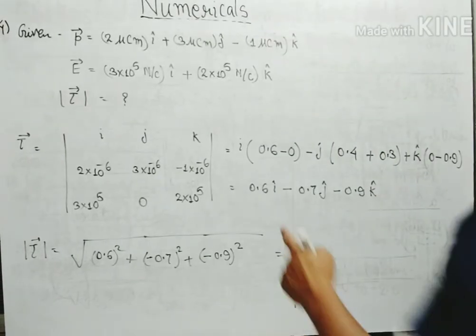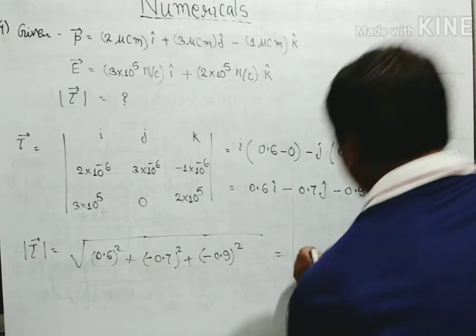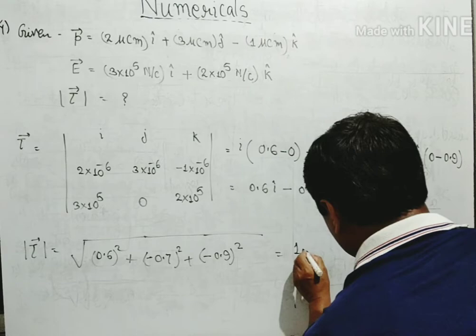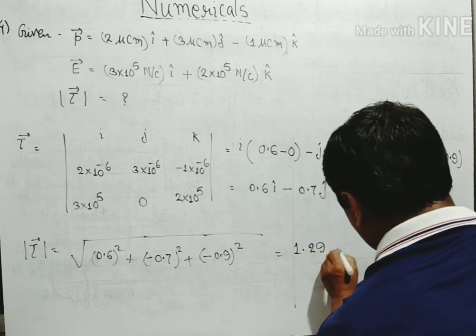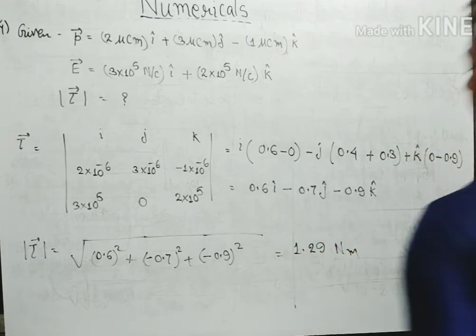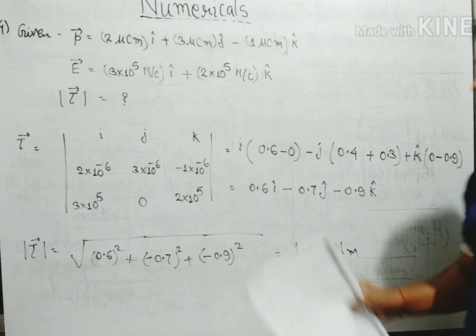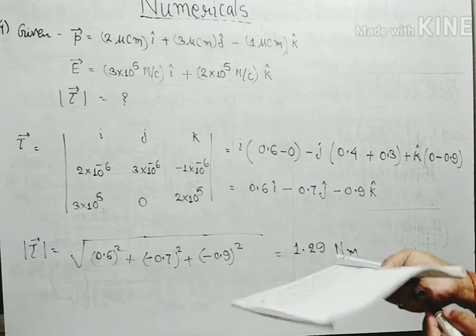So when you solve it, you'll get approximately 1.29 Newton meter as the final outcome. So this is the magnitude of tau.